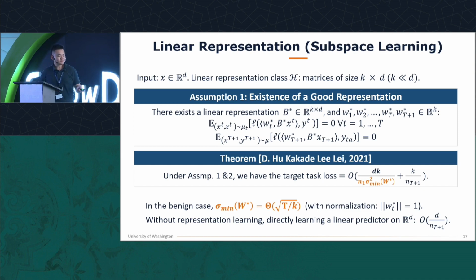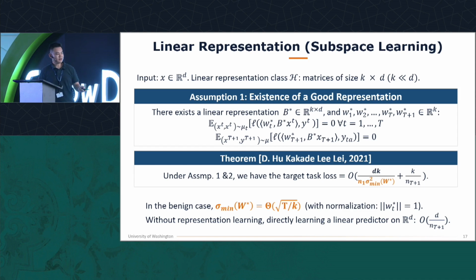Then your least singular value of W star can be as large as square root of t over k. If you plug in the square root of t over k back to this bound, you will have n1 t in the denominator, and dk in the numerator. And then you also have a second term. The dk term represents learning this representation class, which is a k by d matrix.